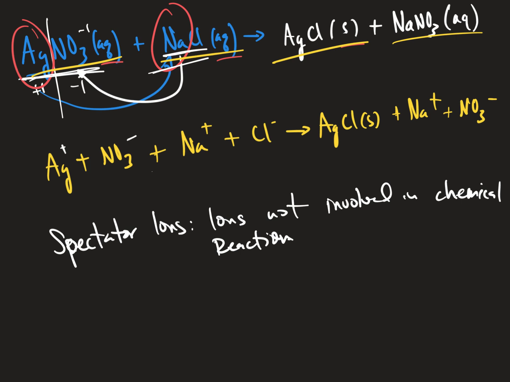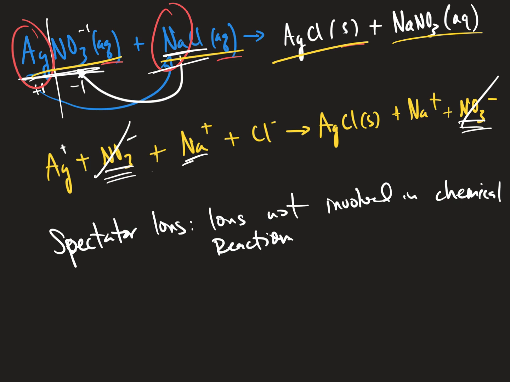So let's underline all of the spectator ions. Is silver plus a spectator ion? No, because it produces AgCl, right? It's needed to make that. Is nitrate a spectator ion? Yes, because it's the same on both sides. It doesn't get touched. So we can get rid of that one, get rid of that one.